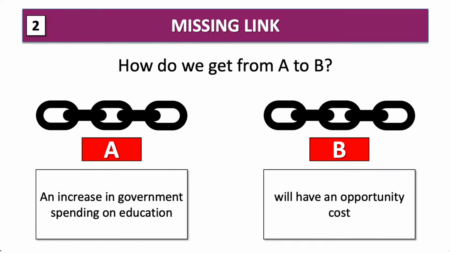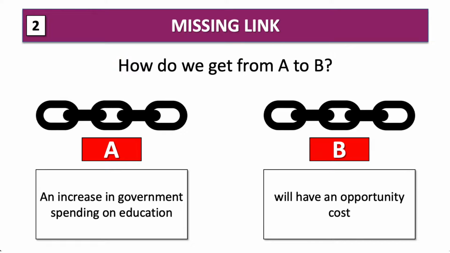Let's have a go at the next one. So it's exactly the same thing. How do we get from A to B? An increase in government spending on education, and then B will have an opportunity cost.